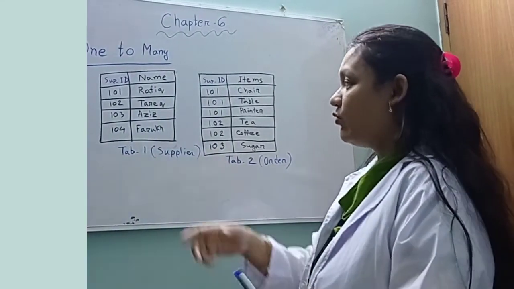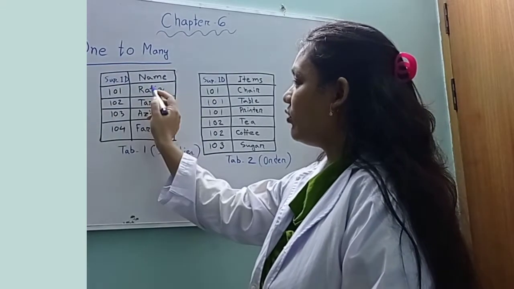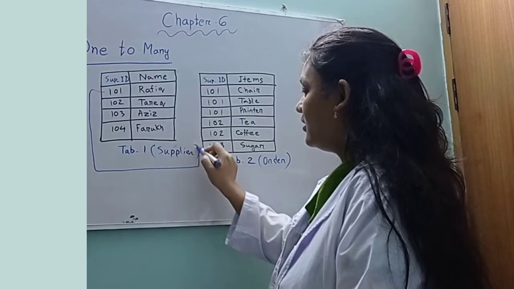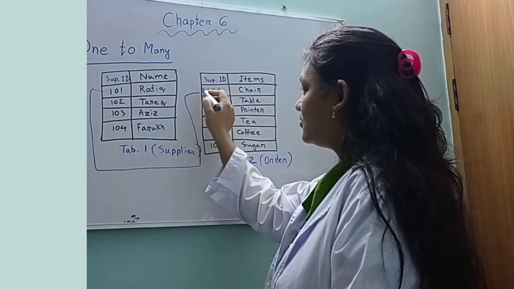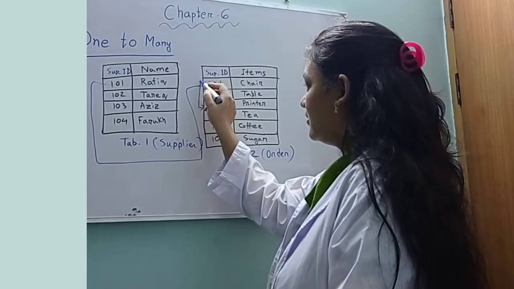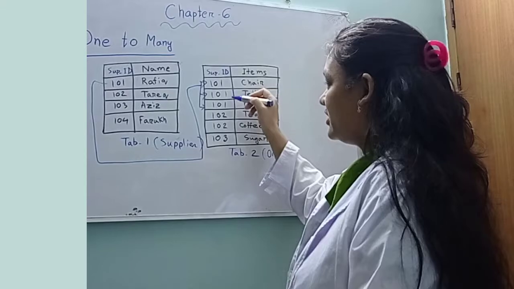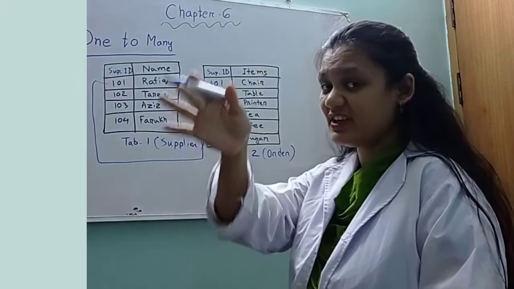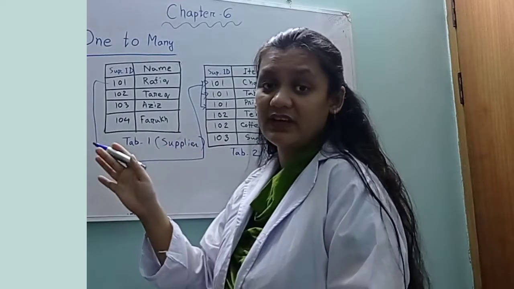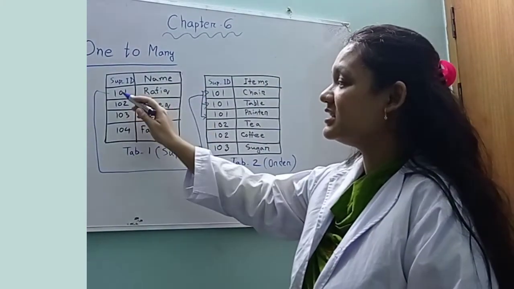See, in table 1, the supplier ID 101, his name is Rafiq, and he is the supplier of these 3 items, right? Chair, table and printer.